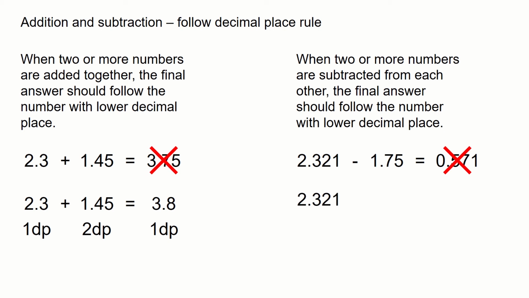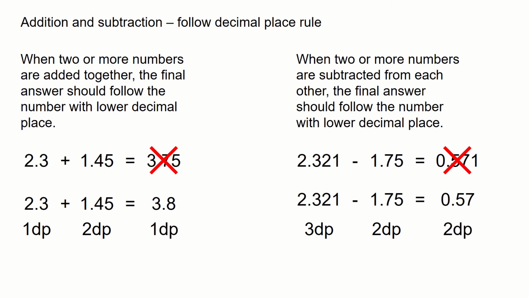Instead, for 2.321 minus 1.75, your answer should follow the lower decimal place, which is 0.57. 2.321 has 3 decimal places, 1.75 has 2 decimal places, and therefore your final answer should have 2 decimal places.